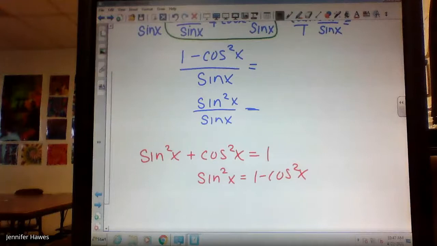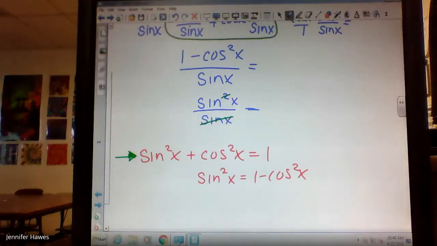If I substitute that in, that will just cross out one of those, and so you're left with sine. So when it comes to this right here, it can be manipulated. You can move some stuff around.